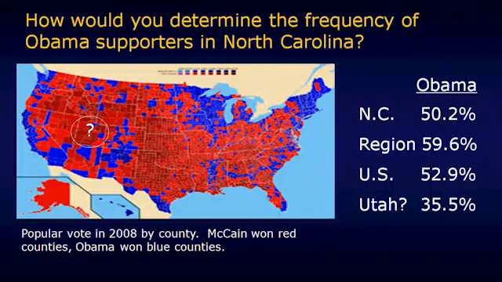I say that somewhat facetiously, but I think it's pretty obvious that there's a good chance that now we're pretty far afield and we may not get a very good answer. And it happens that when you look at the voting results for the 2008 election, John McCain apparently had quite a bit of support in the state of Utah, because only 35.5% of the people who voted there cast their vote for Barack Obama.